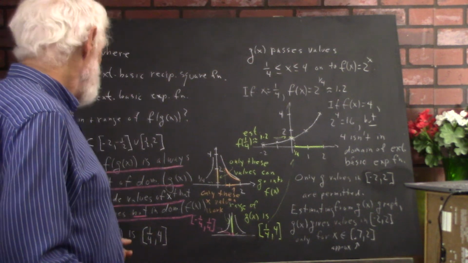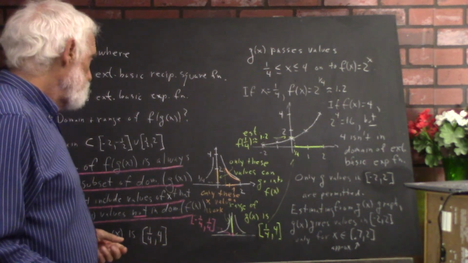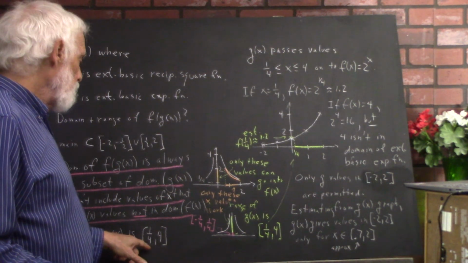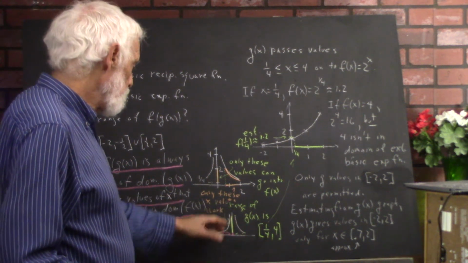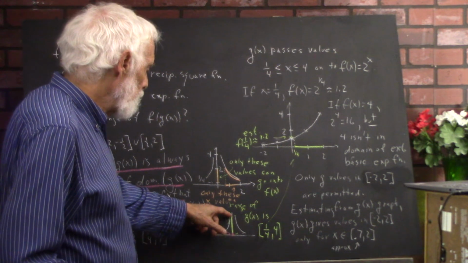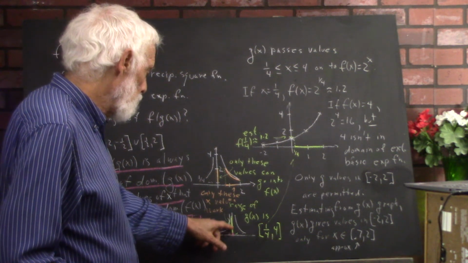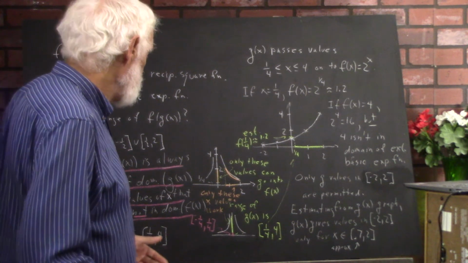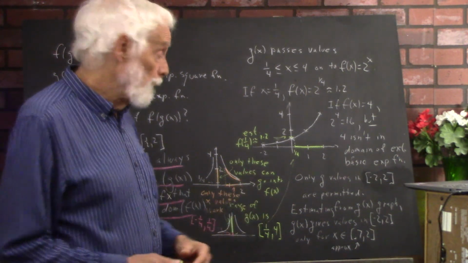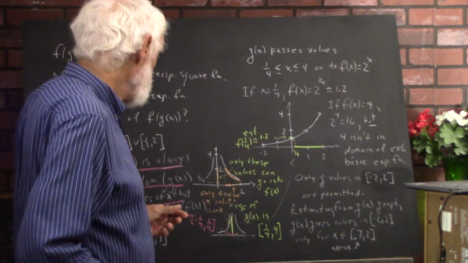So g of x puts out values from 1/4 to 4. Here's a small picture of g of x, all the values that it outputs. They start at 1/4, they go all the way up to 4, as you know if you're familiar with this function. And you should be very familiar with this function and the other basic functions.